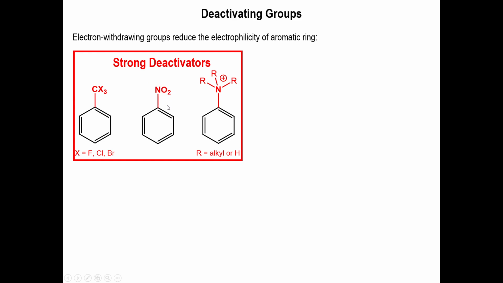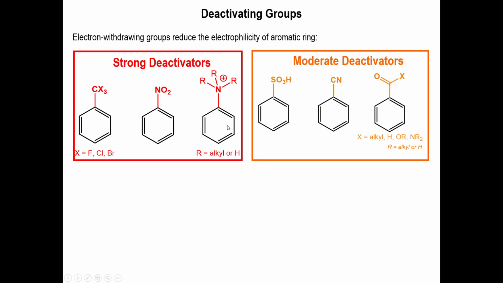This, via resonance as well as induction, has the ability to withdraw electron density. And then the technically tetraalkylated ammonium version of aniline is also a strong electron withdrawing group because of the presence of the positive charge that by induction withdraws electron density away from the aromatic ring.